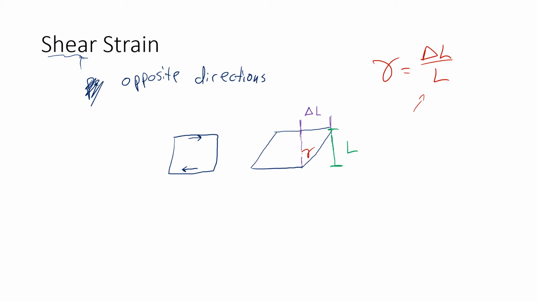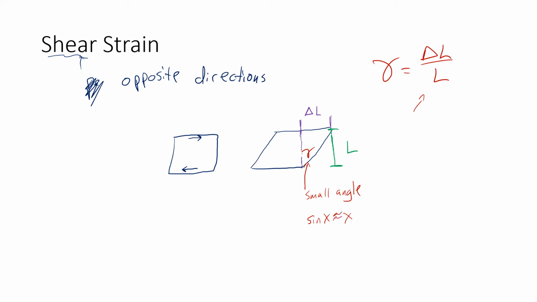Well, this only works because this is a very small angle. It's going to be a small angle because you can't bend this stuff very much because it'll just break. Now, since it's a small angle, that means that sine of x is basically equal to x.